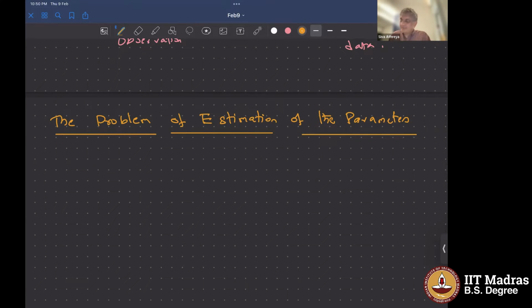So what do I have? Suppose I have y, I have X beta, and I have sigma squared I, a linear model.